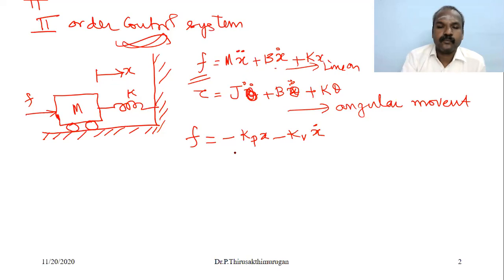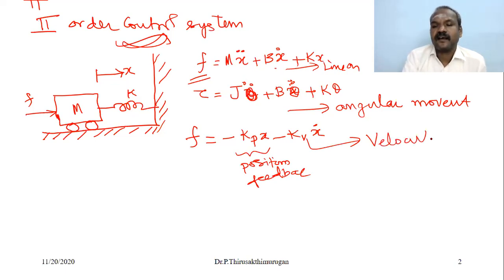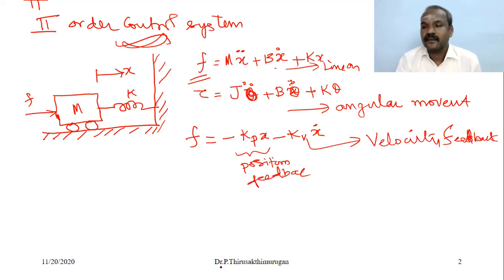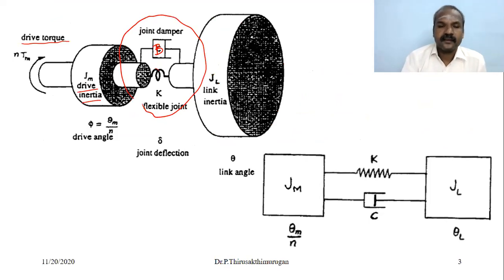This is position feedback. This is velocity feedback, using the velocity sensor. For this damper and mechanism, you see, this is the link.